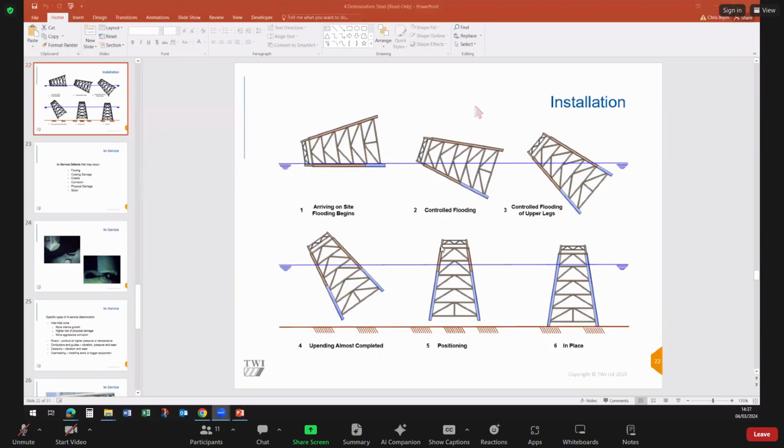I guess what you would have is that these would be nodes. So this would be one open tube where they'd be welded to it, so there wouldn't be any water going through those either. Okay. So you flood the legs, drop it down onto the seabed, but not between the members themselves.